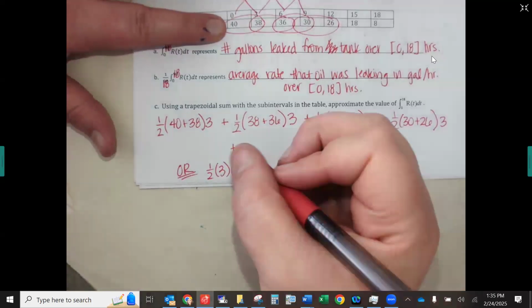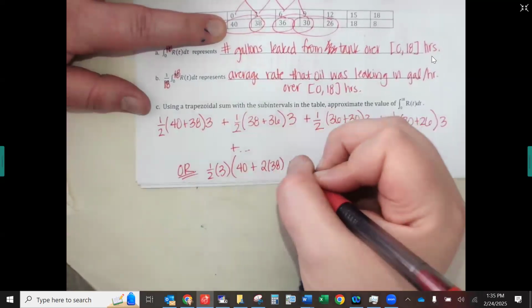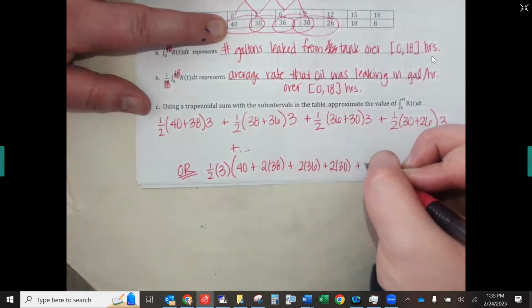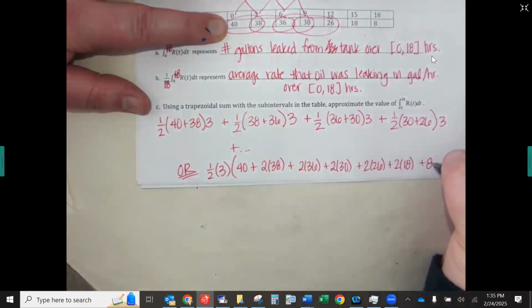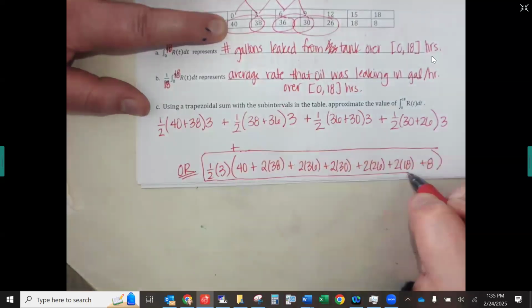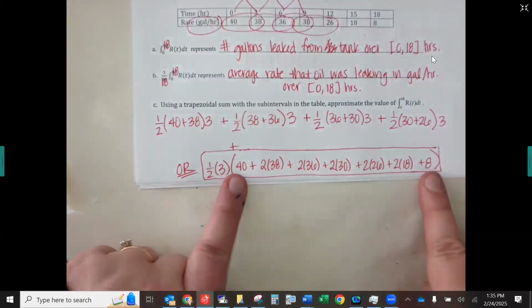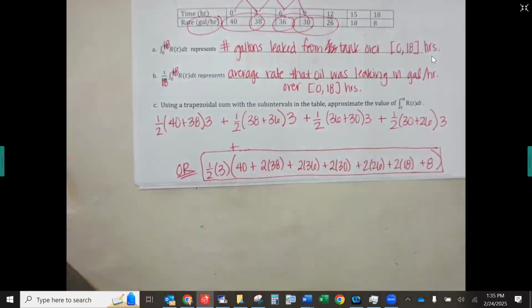So I'm going to put 40 plus double my 38, double my 36, double my 30, double my 26, double my 18, but only single count my 8. This is the short version, but you can only use it if your width is the same for all of them. So make sure you single count the first and last and double all the interior ones. Good on that? All right, turn the page.